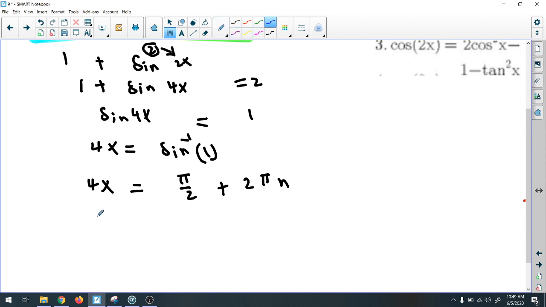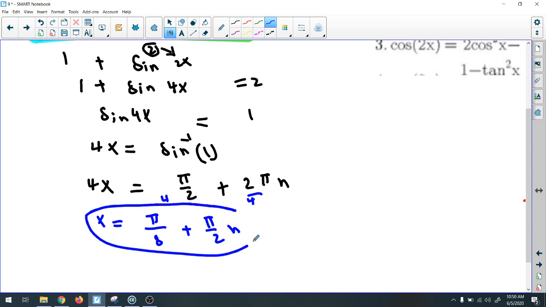We divide all by 4, so x equals pi over 2 times 4, which is 8, plus 2 pi n over 4, which is a half pi n, or pi over 2 n. And this is the solution for our question.